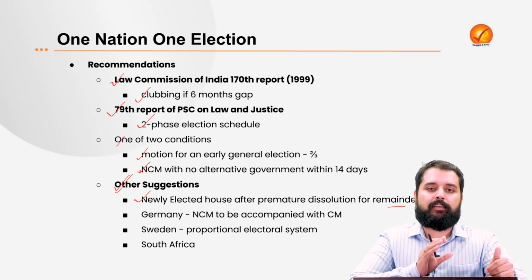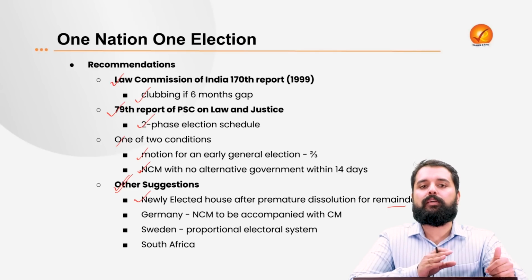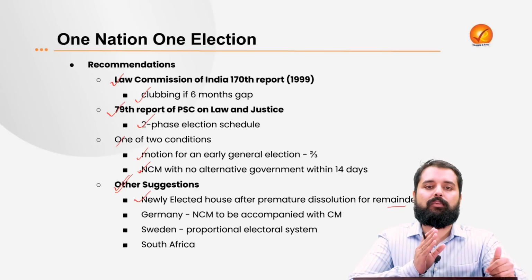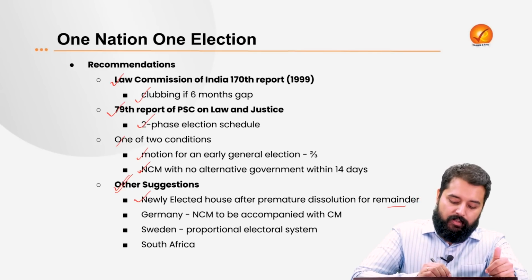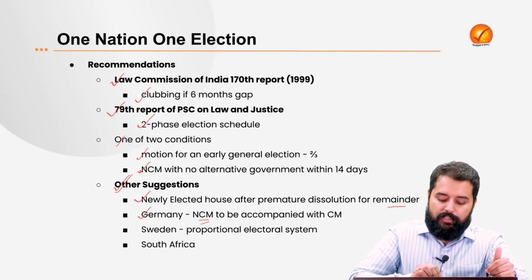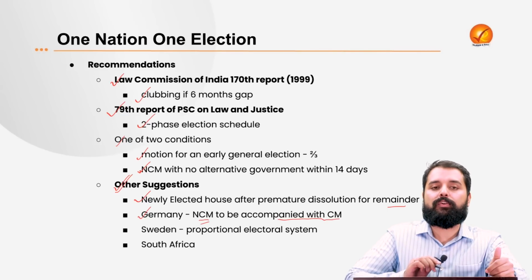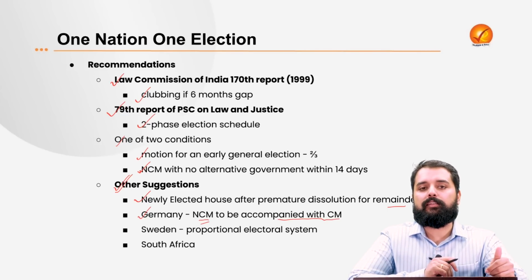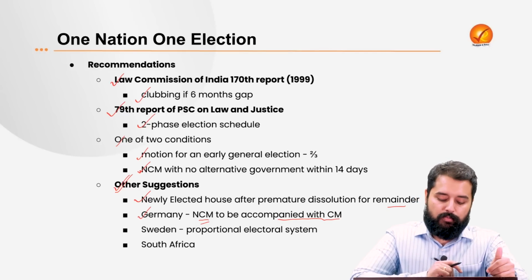That is, if an assembly is dissolved 4 years after it was elected, then the newly elected state legislative assembly can work for the remaining 1-year term which was remaining for the earlier assembly. Or we can learn from the example of Germany, where a no confidence motion, if it is passed, is usually accompanied with a confidence motion also, and rather than conducting elections immediately, the alternative government is formed.